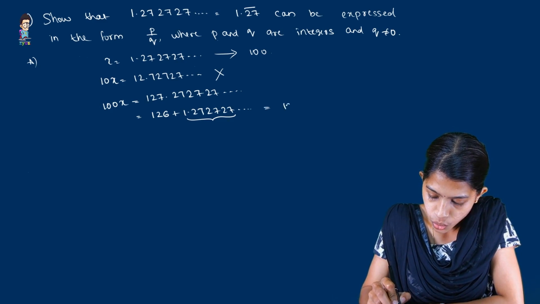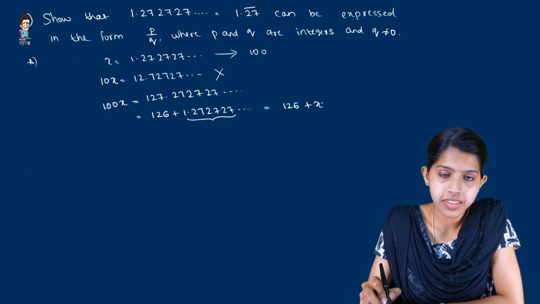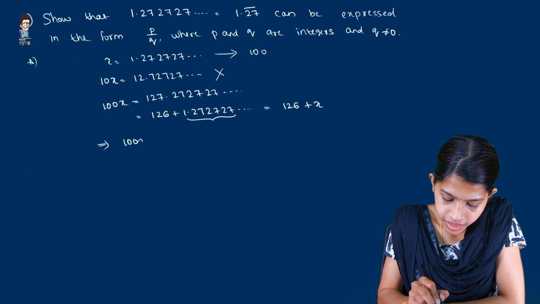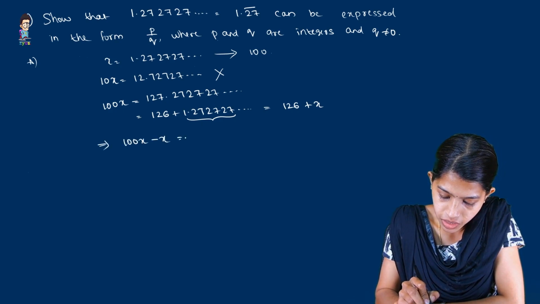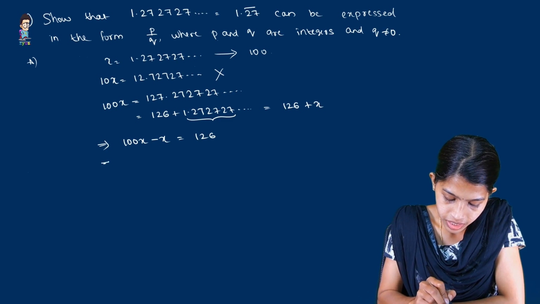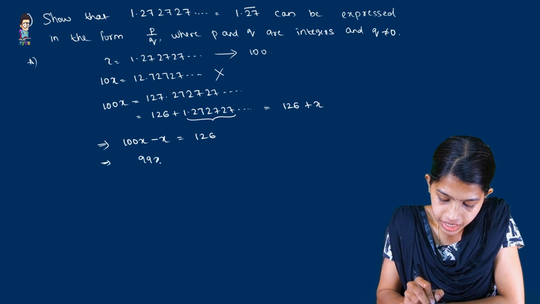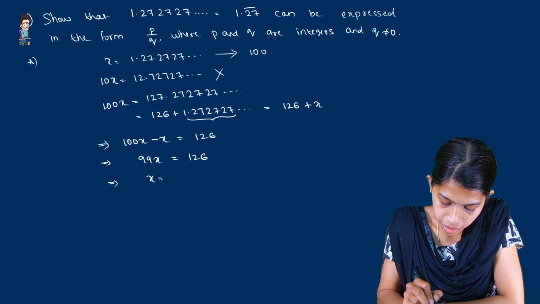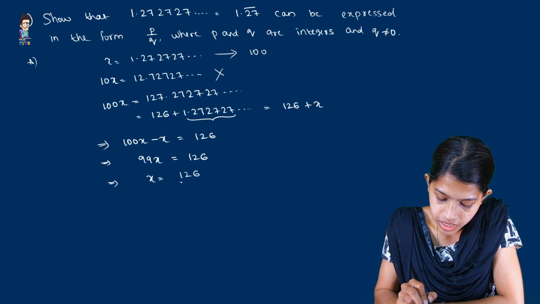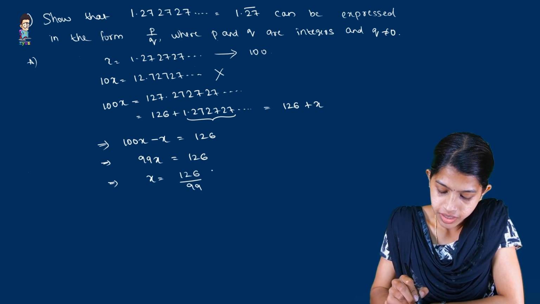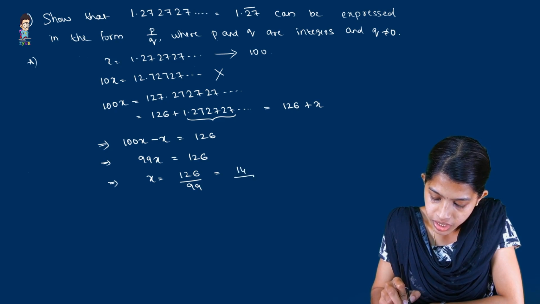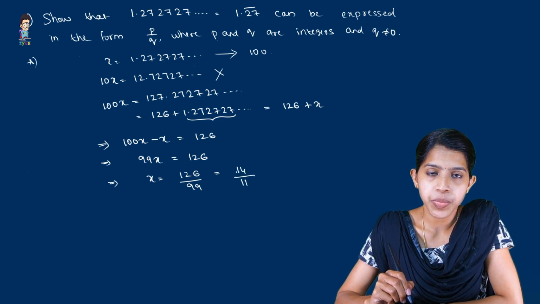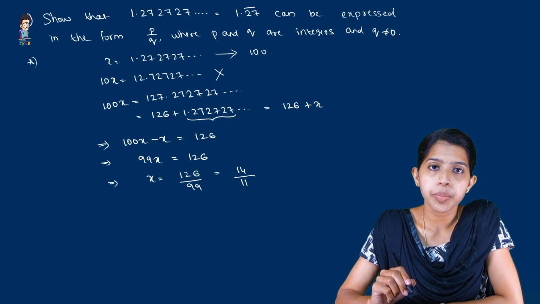So, this is equal to 126 plus x, and this implies 100x minus x is equal to 126, that is 99x is equal to 126, and our x will be 126 divided by 99, that is 14 by 11. This is the required rational representation of our number.